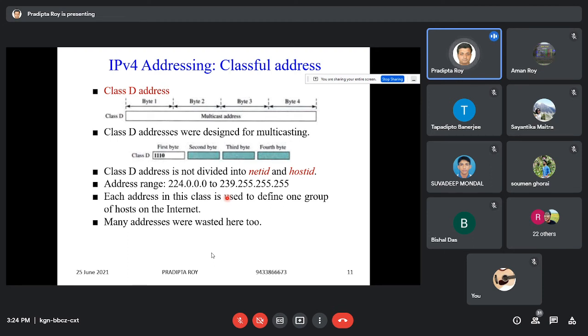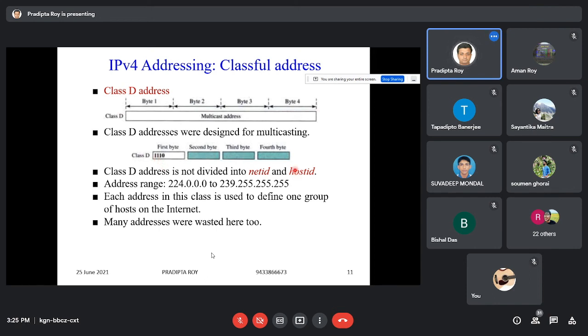তাহলে class D এর lowest address যখন হবে তখন কি করব? The first 4 bits have the fixed value 1110. Then the rest 28 bits are filled up with all zeros. So you will get 224.0.0.0. Our highest address কি করে পাবো? The first 4 bits are 1110 and the rest 28 bits are filled up with all ones.